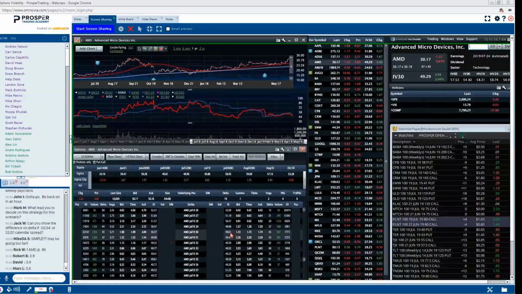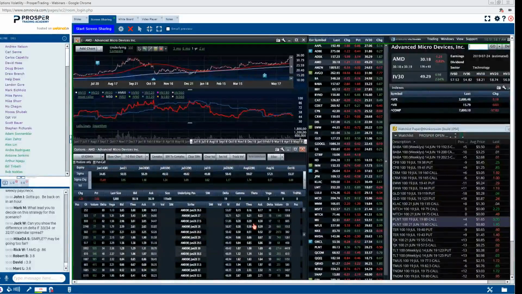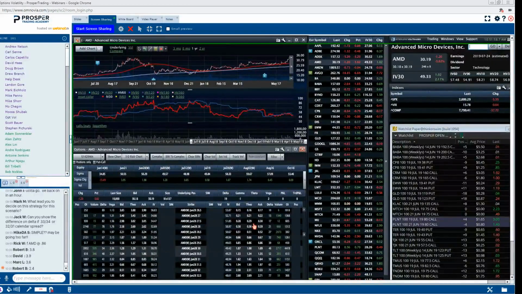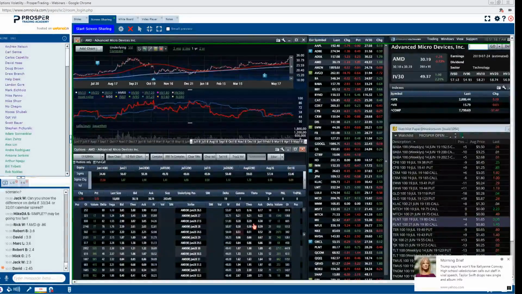Now, what is the expected move out to our short option here, to the June 28th? Okay, yeah, right in that area, 2.30, 2.5, somewhere right in there.